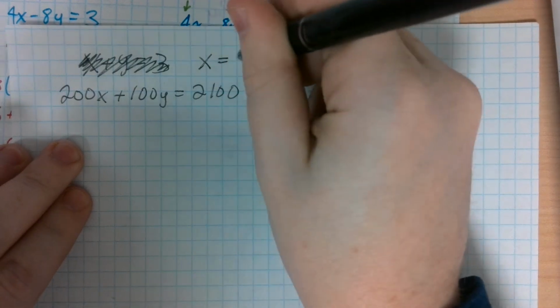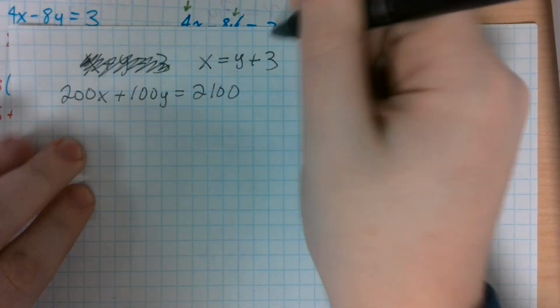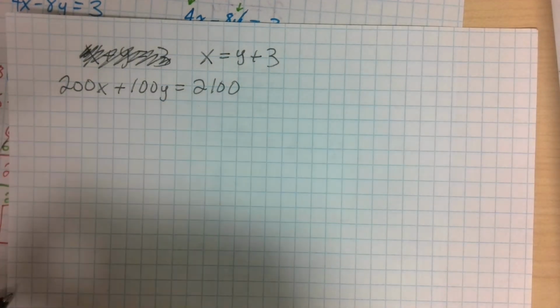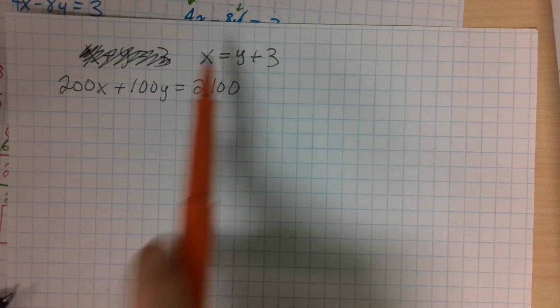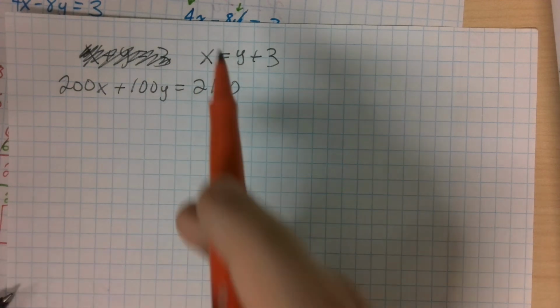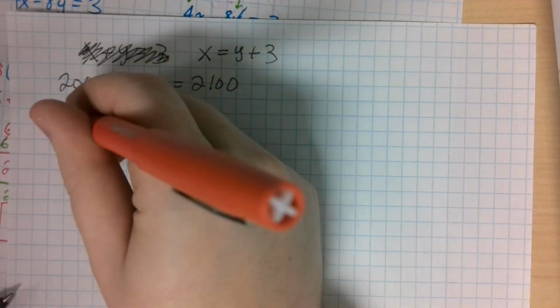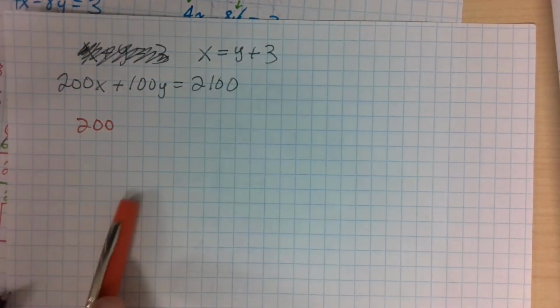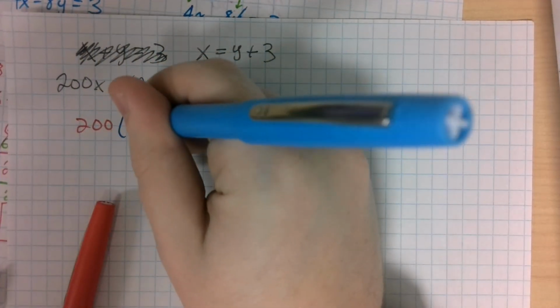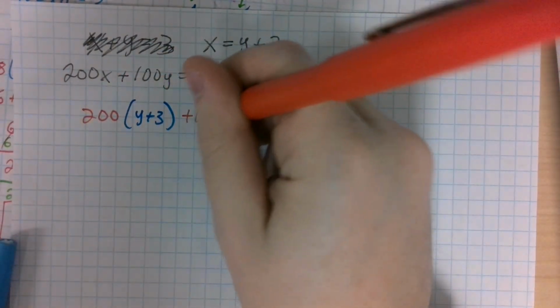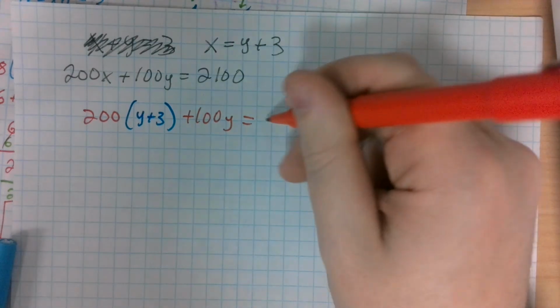We know that x is going to equal y plus 3. And we know that 200x plus 100y is 2100. So, we already have a variable all by itself. It's x. That means we're going to take whatever x equals and plug it into the second equation, giving us 200 times y plus 3, plus 100y equals 2100.